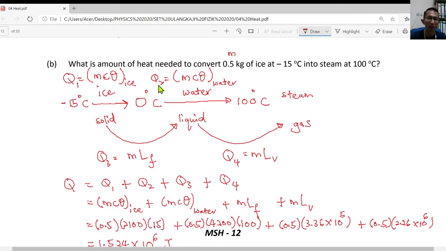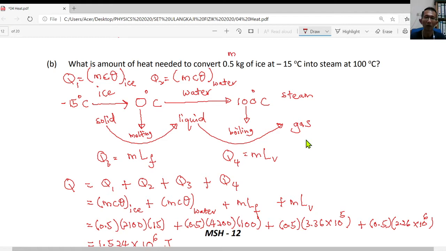Just want to make note here. At 0 degrees Celsius, what happened is melting. 0 degrees Celsius is the melting point of ice. And at this point here, we have boiling taking place, whereby liquid will boil and turn into gas.